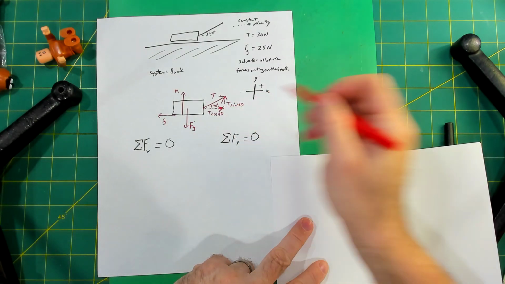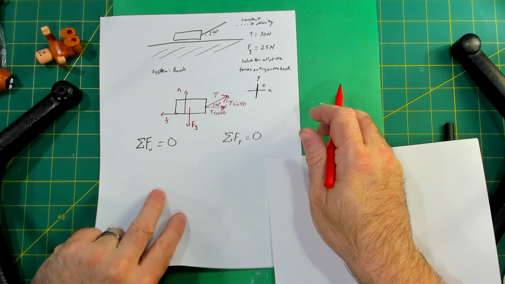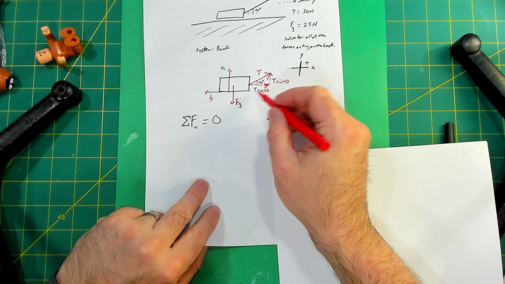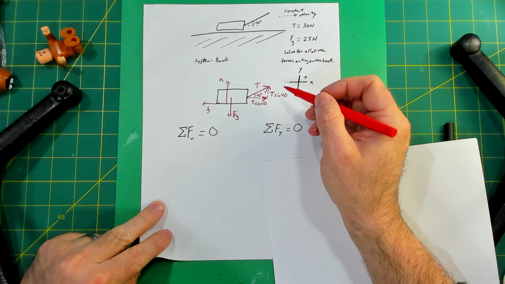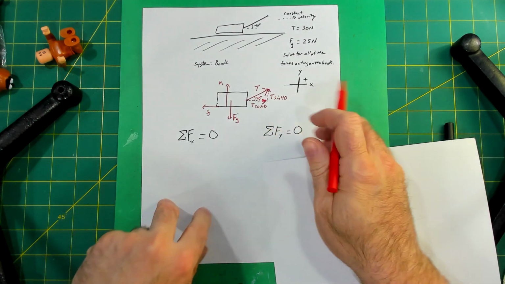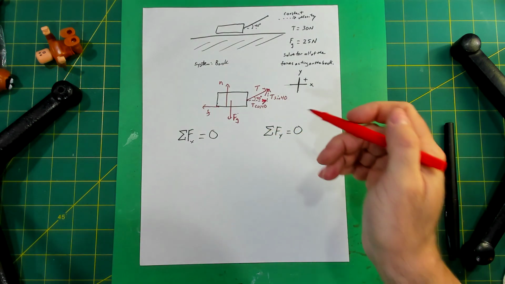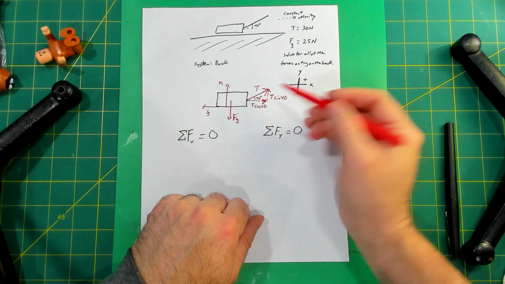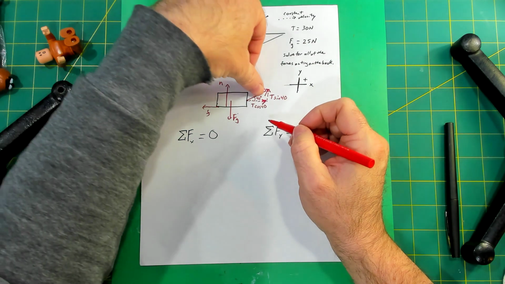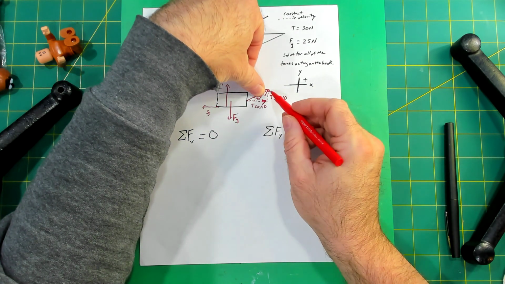Now that I know how long those sides are, I can go ahead and use those lengths in my calculations. In my calculation here, I'm going to replace this diagonal tension arrow. Instead of using it, I'm going to say it's the same thing as if I did this and this.